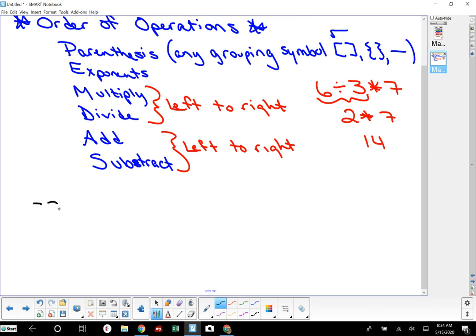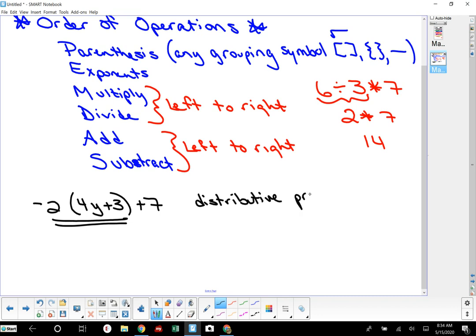If we have something like -2 parenthesis 4y plus 3 plus 7. The process you're going to use here, you should all know, is the distributive property, which means you're multiplying, right? And you stop doing the distributive property when you get to the closed parentheses.